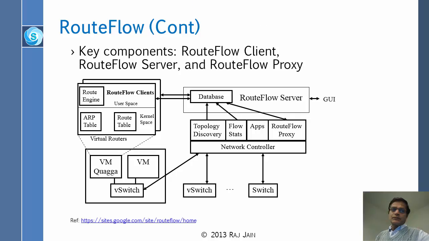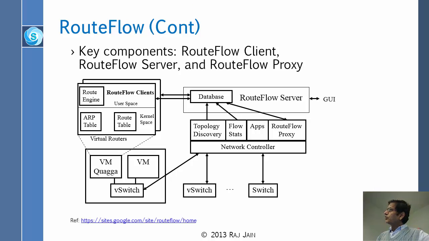In the user space, you have the route engine, which takes some information from the kernel space and then produces the information which is sent to the RouteFlow server, which has a database. The RouteFlow server also has a GUI for human beings to control whatever policies they want. Anyway, this database is fed to the controller, which may consist of the proxy, the applications, the statistics and topology discovery.